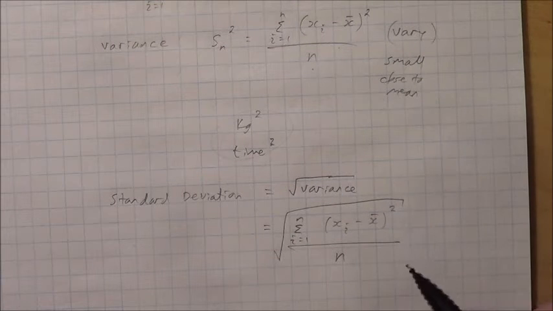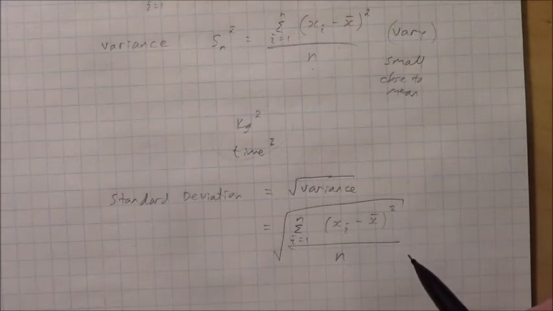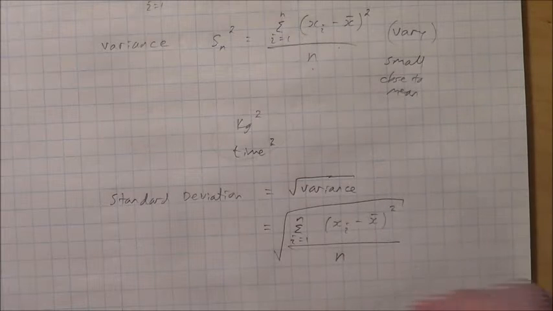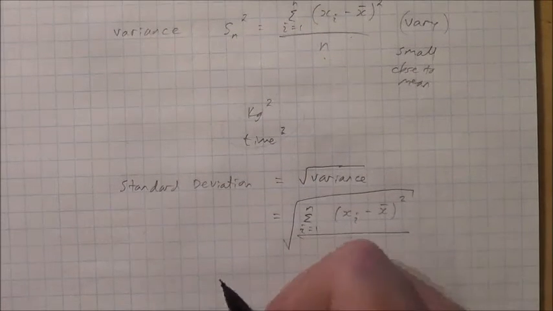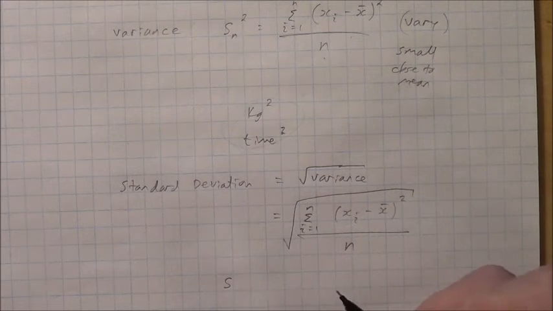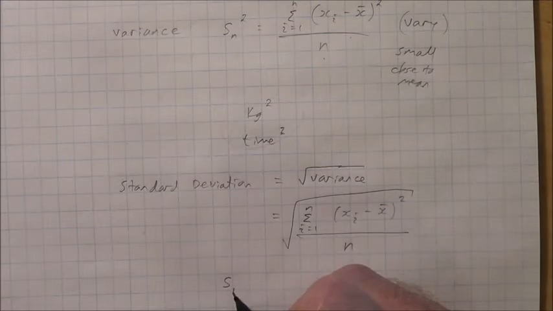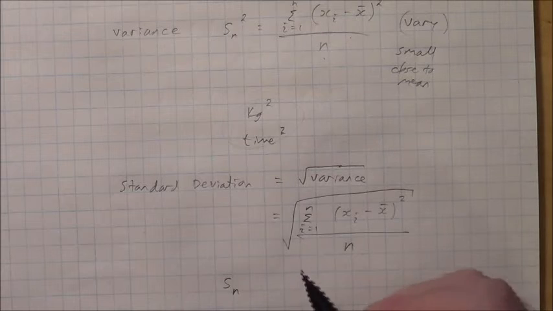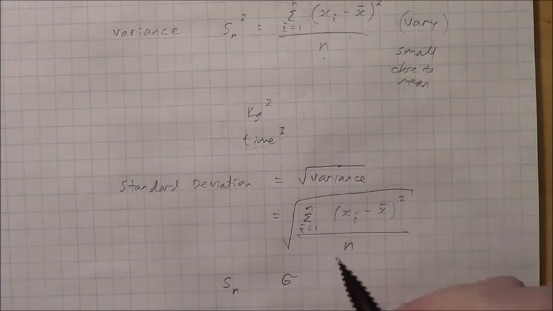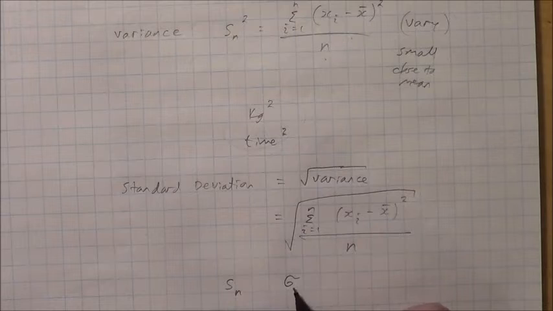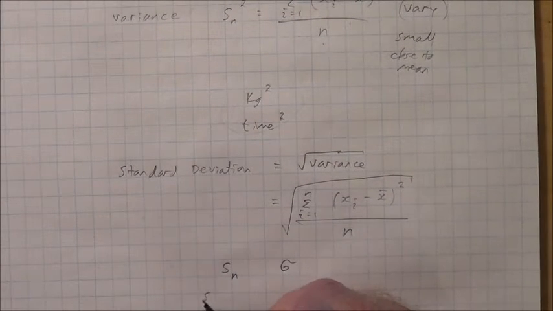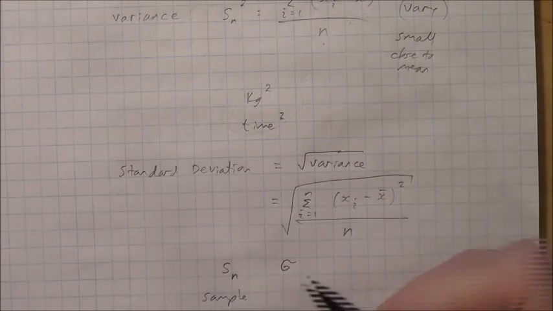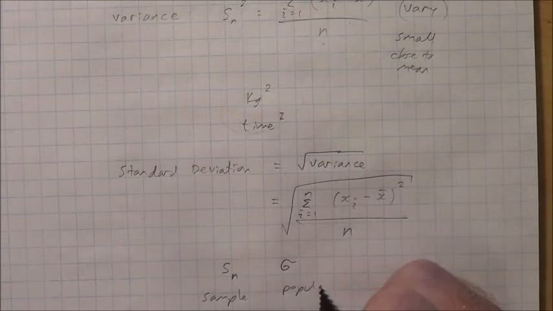It's the most commonly used measure of the spread of data, and for a sample is represented by S, or S sub n, I suppose, and for a population it's sigma, so the lowercase sigma. So this is for a sample, and this is for the population.